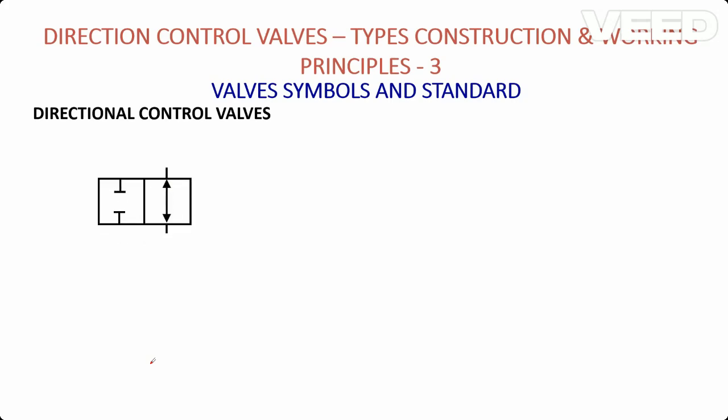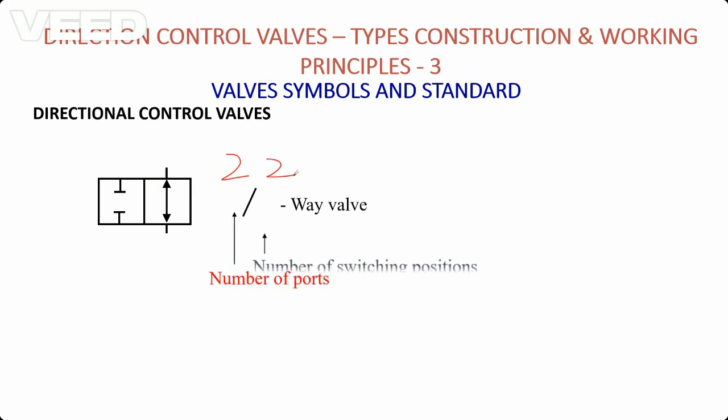For that reason, they designed a component, and here in the diagram we can see two connections. There are two square boxes, which means two positions, and two port connections, which is nothing but a 2 by 2 component.